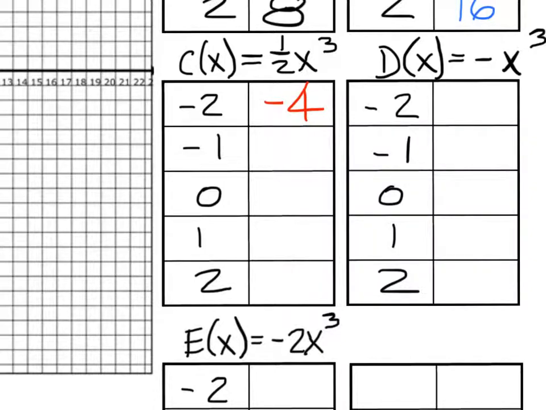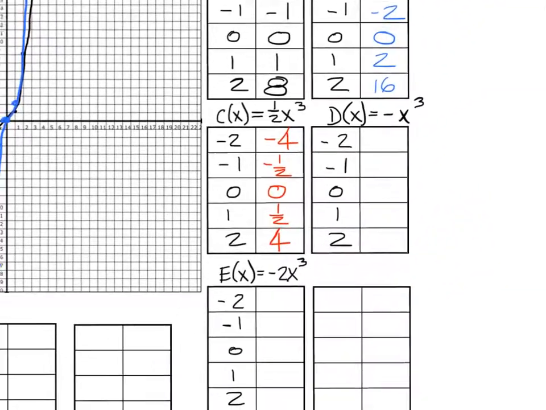That's right. If I put in a negative 1, negative 1 cubed is negative 1. Half of that would be a negative 1/2. Put in a 0 and get back a 0. Put in a 1 and get back a 1/2. Put in a 2 and get back a 4.